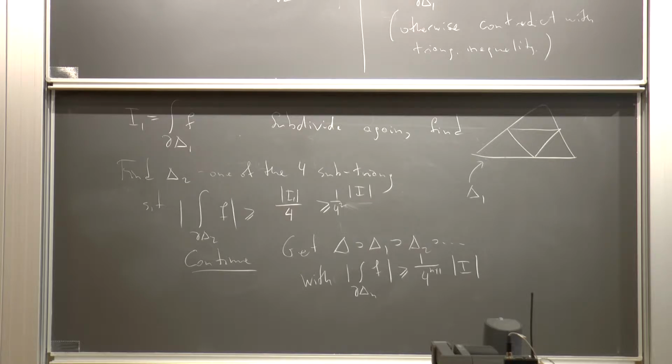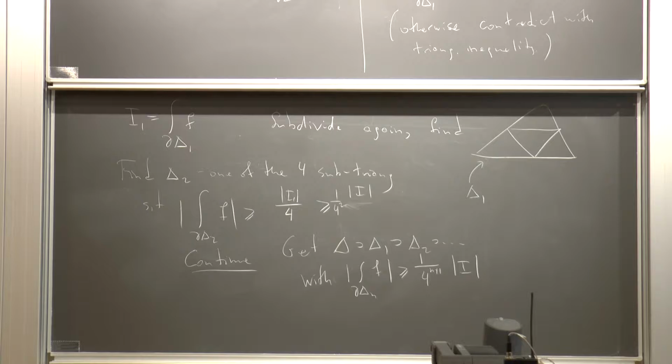So in particular, the perimeter L n, which is L of delta n, just the length of this path, is 1 over 2 to the n plus 1 times L, which is L of delta.